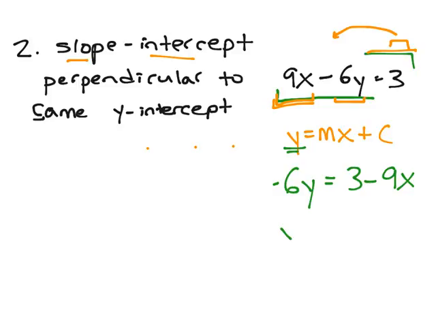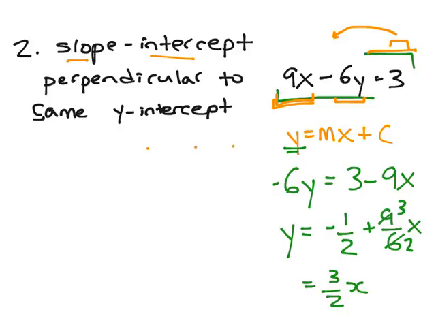So we divide by -6 to have y is equal to -1/2 plus 9 over 6 x. 9 over 6 is the same as 3 over 2. So y is equal to 3 over 2 x minus 1/2. This is our slope-intercept form, and seeing that it's in that form, we can easily pick out the slope. That would be 3 over 2.